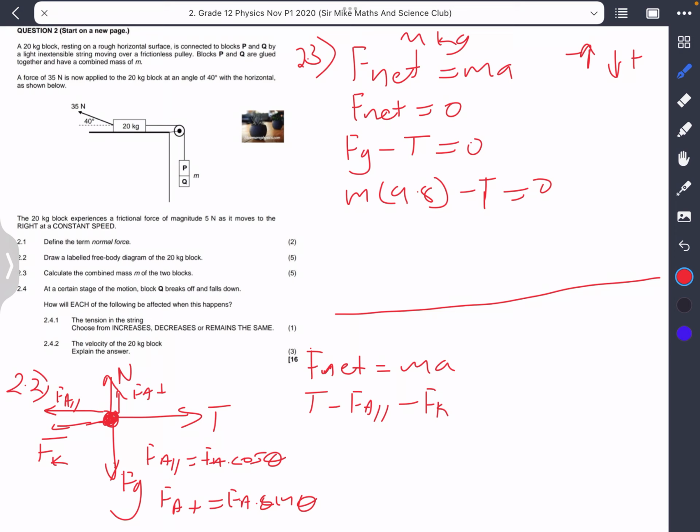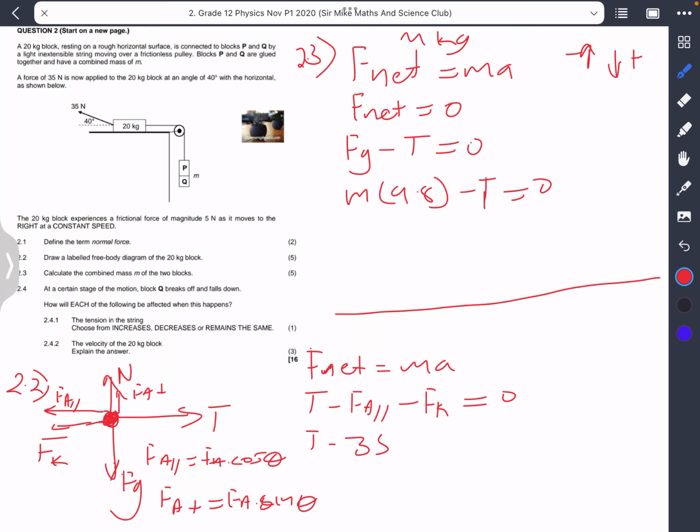Now remember, they said that's a rough surface, so this would be equal to 0 because our system is not accelerating. There is no change in speed or velocity. So it would be T minus F_A parallel, which is F_A, that force.